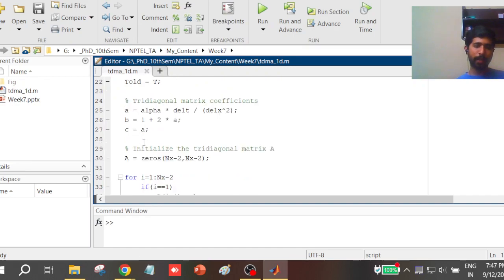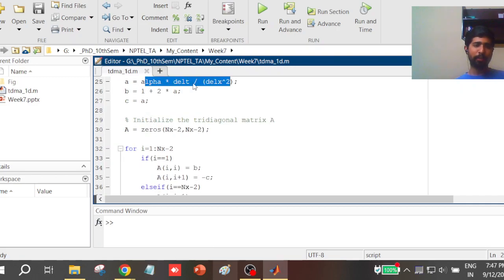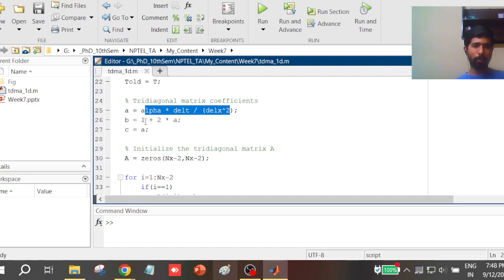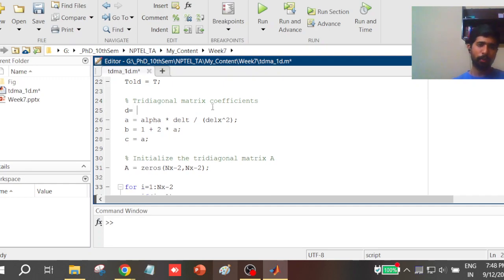Then I am setting up the matrix elements. A and C will be equal, actually minus of alpha delta t by delta x square. I substitute it below, and B I have taken as 1 plus 2D, where D is equal to alpha into delta t by delta x square.